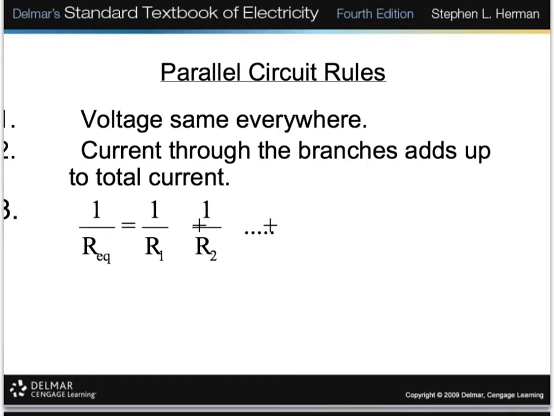So if you look at the parallel versus the series circuit, these two ideas, voltage and current, are flip-flopped. In a series circuit, the voltages add up and the currents are the same. And then in a parallel circuit, the voltages are the same and the currents add up. But our equivalent resistance, we did this before, is 1 over R EQ equals 1 over R1 plus 1 over R2 plus 1 over R3 until we run out of resistors.